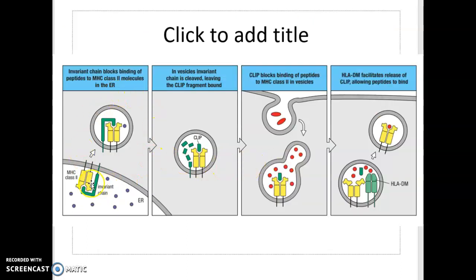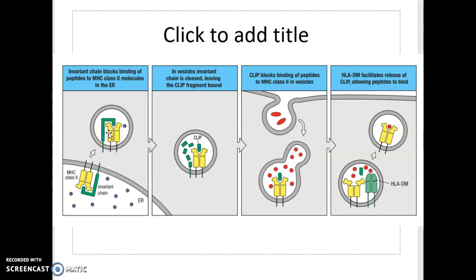This invariant chain bound to the MHC class 2 is going to produce a separate vesicle, known as the MHC class 2 compartment.